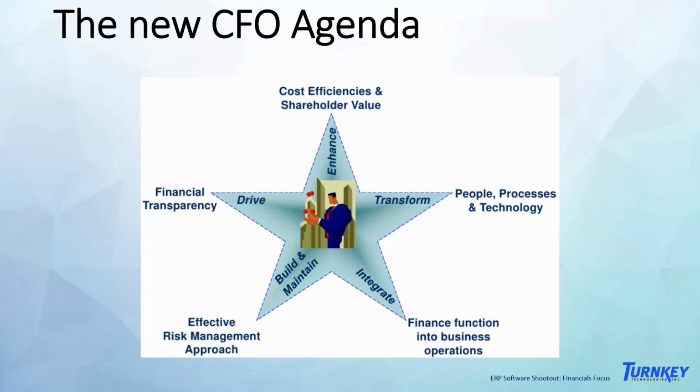As of today, the main five things most of our customers are trying to solve are: enhance cost efficiencies and shareholder value; transform people, process, and technology; and integrate the finance function into business operations. That's key, and it's one of the main objectives of an ERP solution.